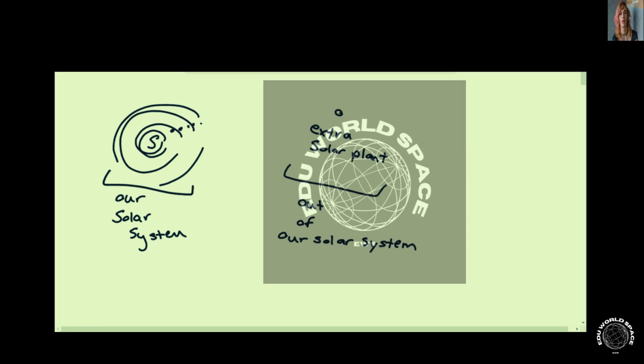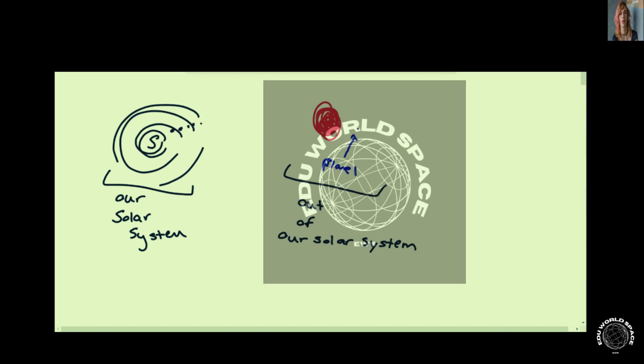There we go. The extrasolar planets are much fainter compared to their stars. Let's say we have this star, it's this big, and the planet is literally just a little speck. That little thing is the planet.